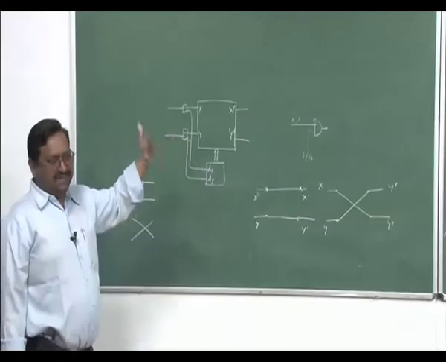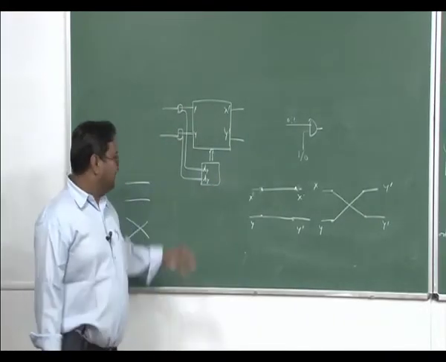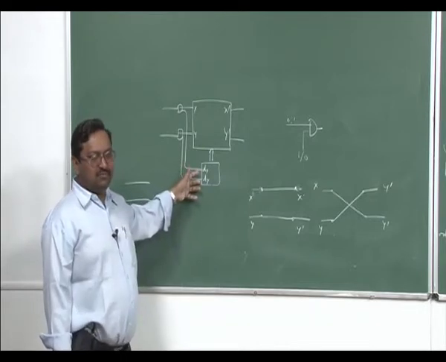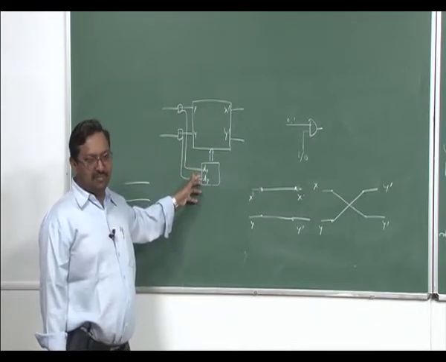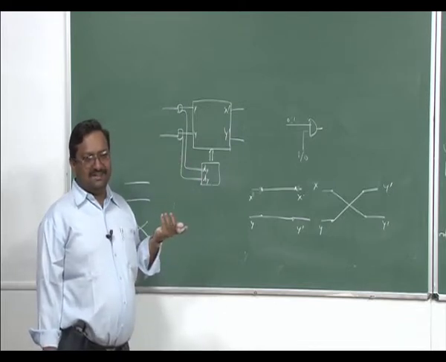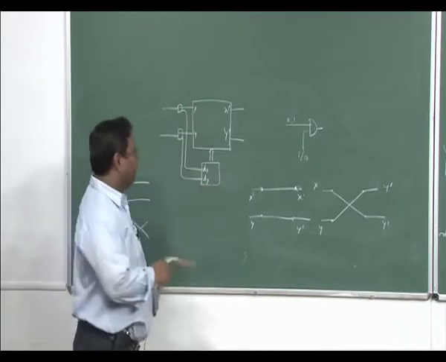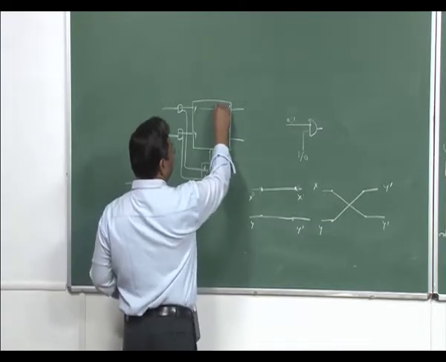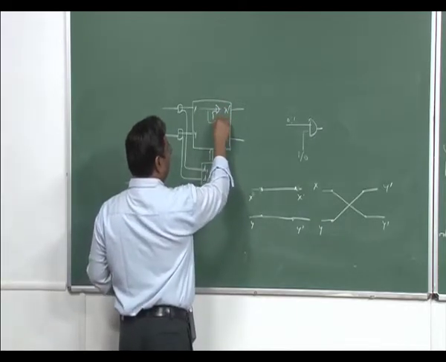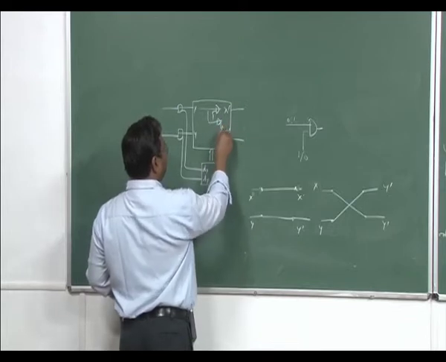In this case the logic is very simple: if both are the same, choose one of them randomly and simply drop the other. But what does that drop mean? If it is a gate-based implementation, going from here you will have a gate, and going from here also a gate, with the OR option here.